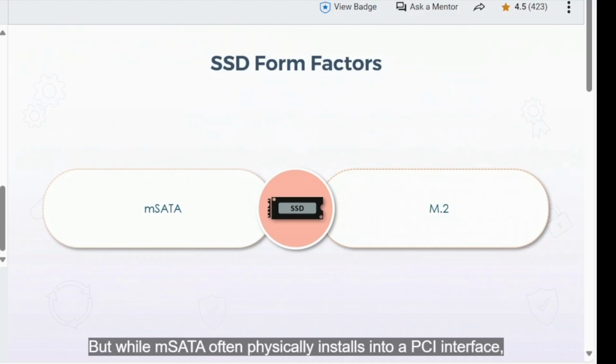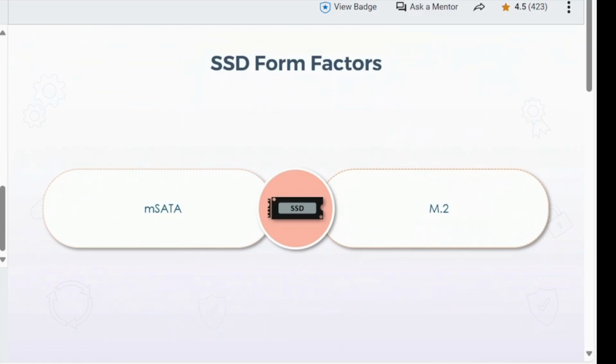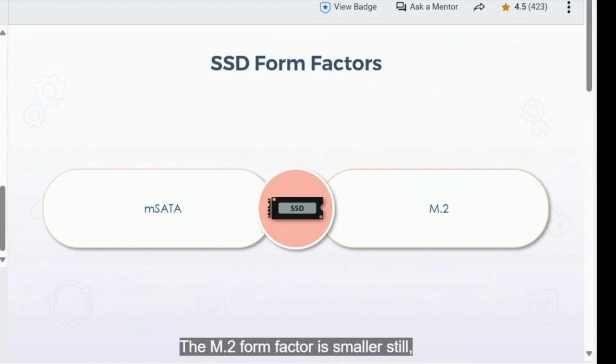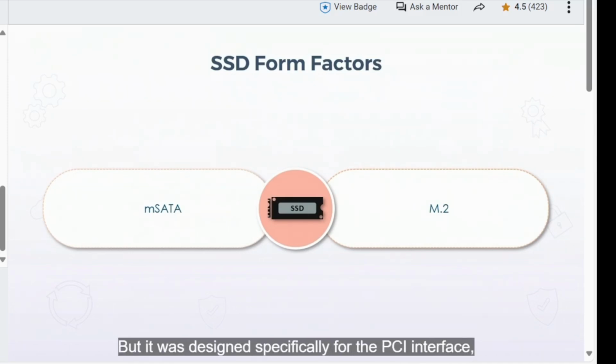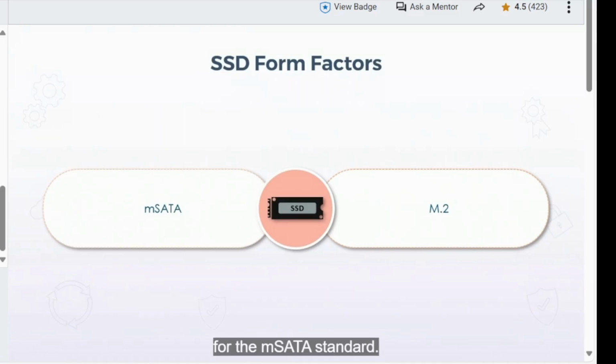But while M-SATA often physically installs into a PCI interface, it still uses the serial ATA protocols, so it isn't as fast. The M2 form factor is smaller still, typically resembling a RAM chip in terms of size, so it's ideal for tablets or other very mobile devices, but it was designed specifically for the PCI interface, which offers better speed, so M2 is effectively becoming the replacement for the M-SATA standard.